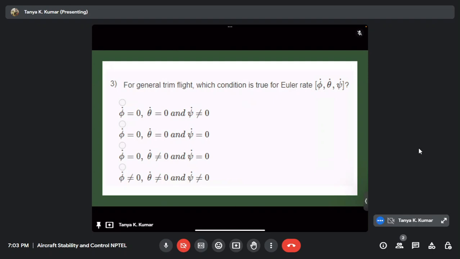It's the first one, right? Only phi dot and theta dot need to be 0. Psi dot may or may not be 0. Correct? So this is the general condition for general trim.